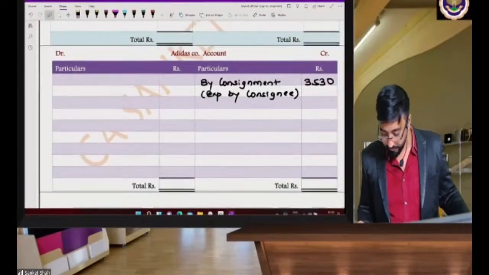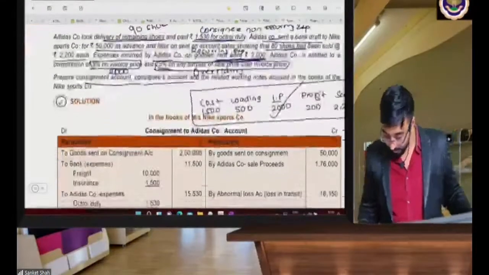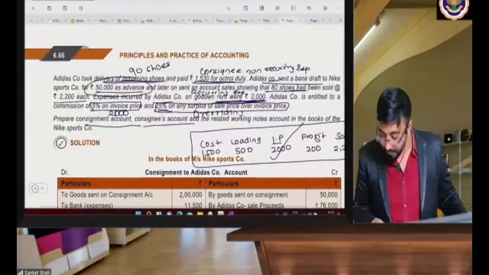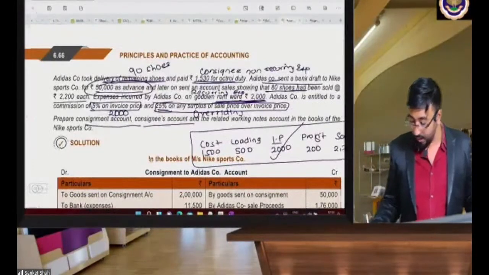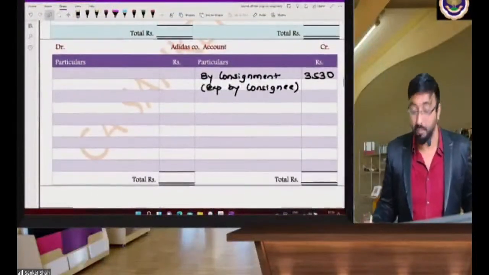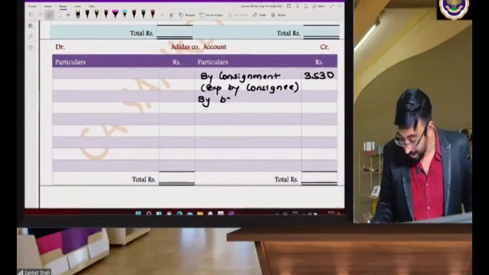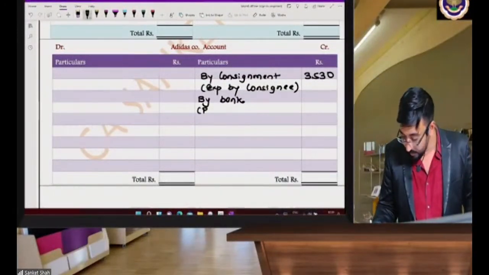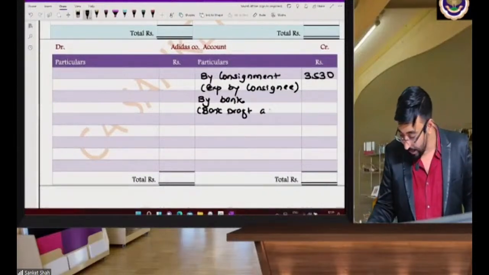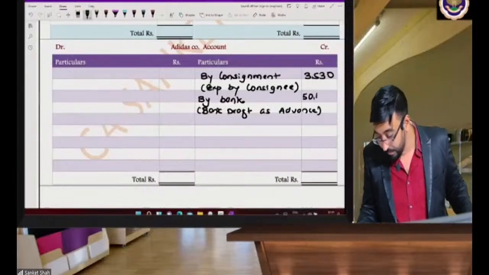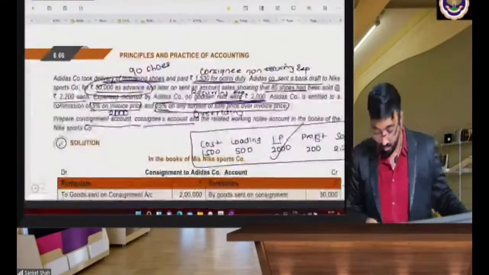Next one. 50,000 is given as advance. So advance means bank account debit to Adidas and company. So by bank, bank draft as advance. So this is 50,000. No effect in consignment account for 50,000.